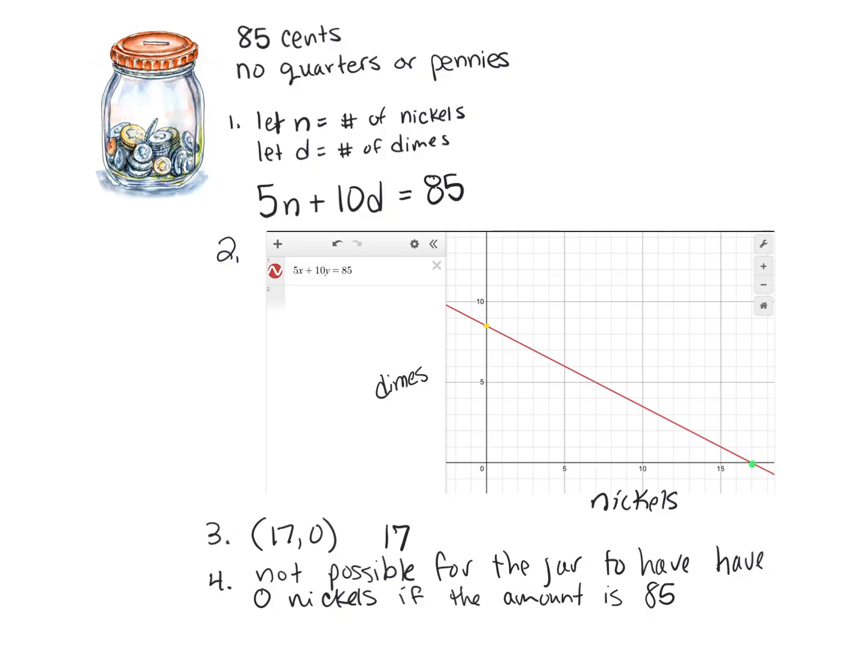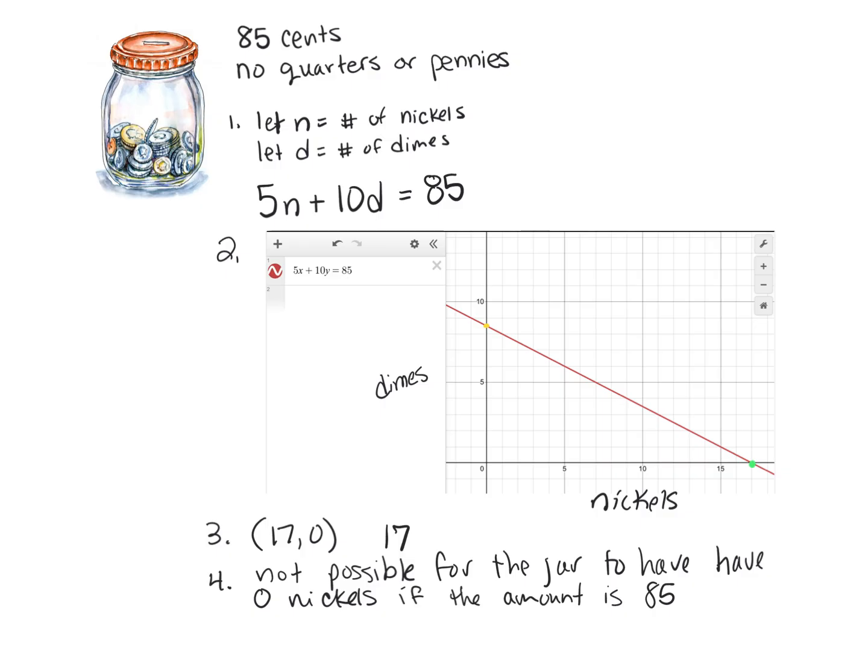Now the really interesting thing about this is we just talked about what if we had all nickels, what if we had all dimes. Along this line would represent all the different combinations of ways the coin jar could have 85 cents if it contains different amounts of nickels and dimes.